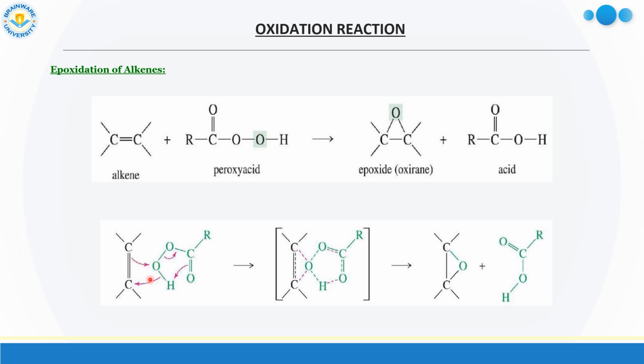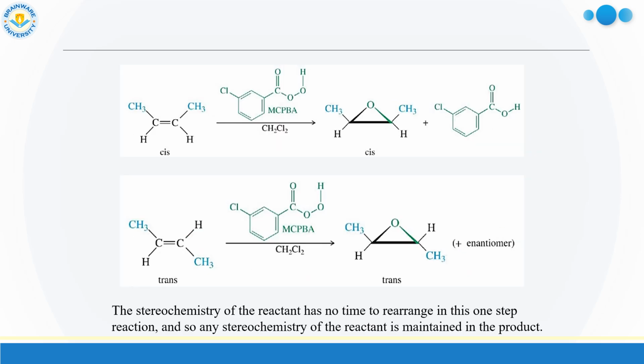The peroxide reacts with the double bond and forms a transition state structure, and after that the epoxide is formed. This is a very fast reaction.